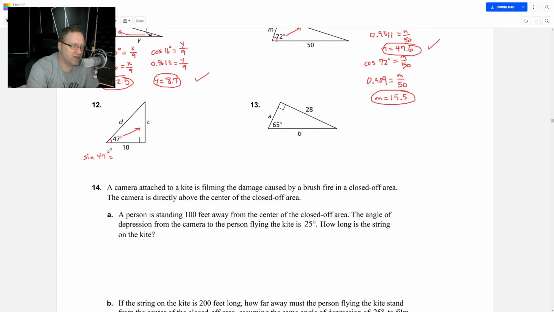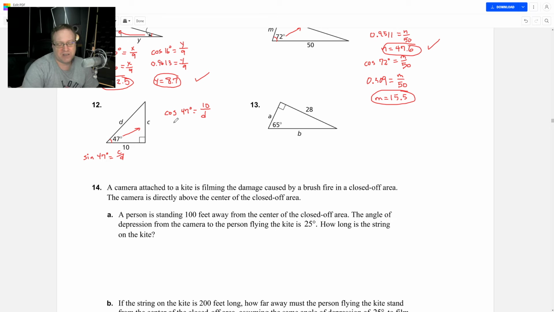Sine of 47 degrees equals c over d. So we can't solve this yet. We're going to have to find one of these first. But fortunately, we do have the adjacent leg, which means that the cosine of 47 is going to be the adjacent leg, which is 10, over the hypotenuse, which is d. So we can use this to solve for d, and once we have d, then we'll be able to solve here.